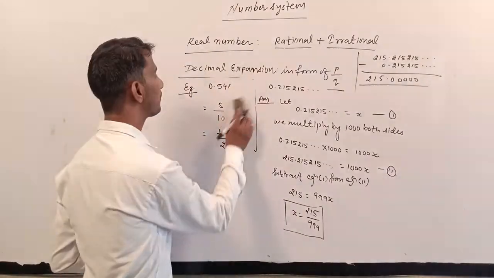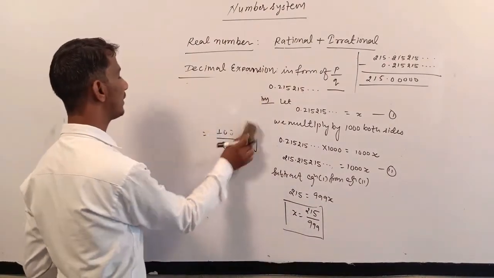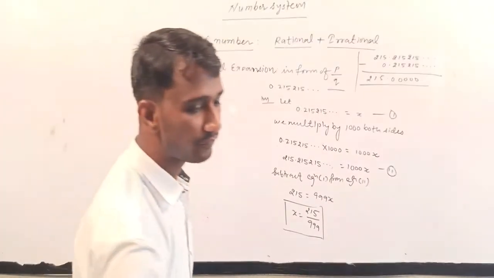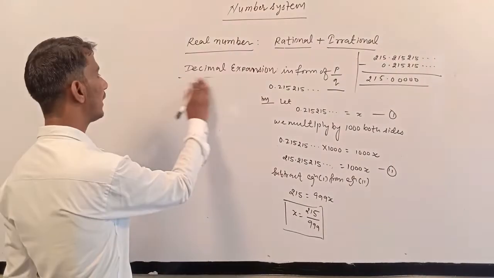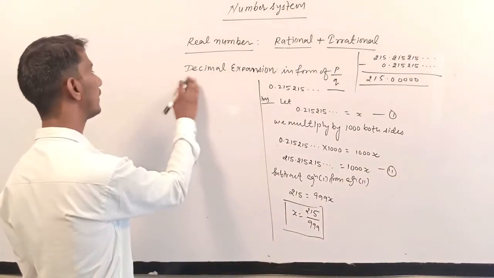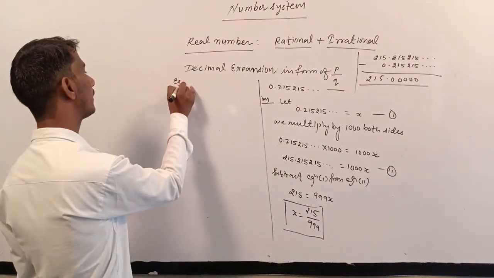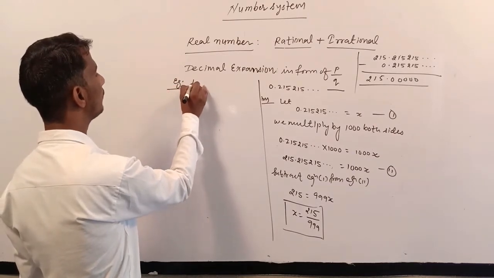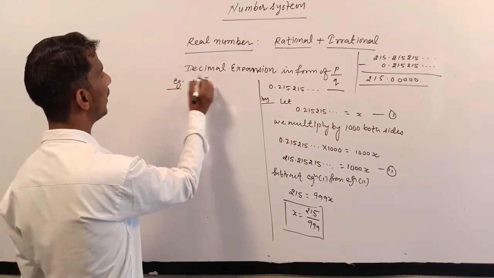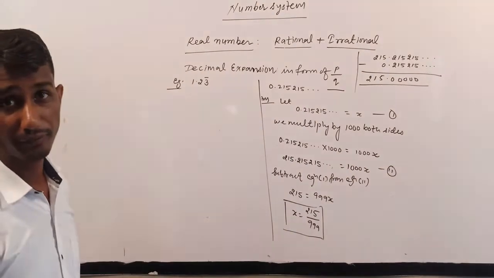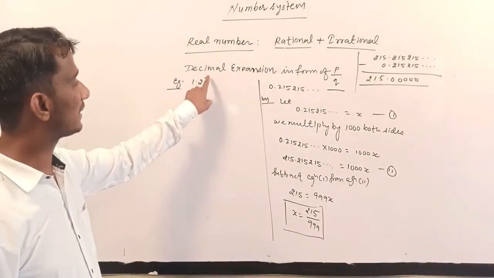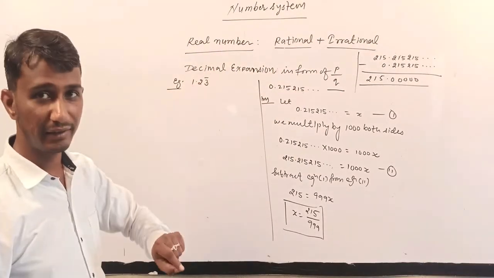If an example comes in this way: express 1.23 bar. Look here, 1.23 bar. What does the bar represent?